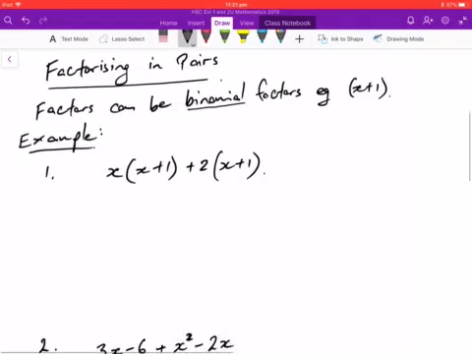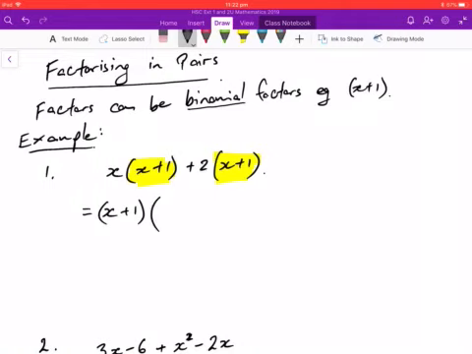So if we have a look at this example here, what's the common factor? Well, the common factor is in fact the x plus 1s. So I take out the x plus 1s. But we just think of it as a single value, taking out that common factor. Now what's left?